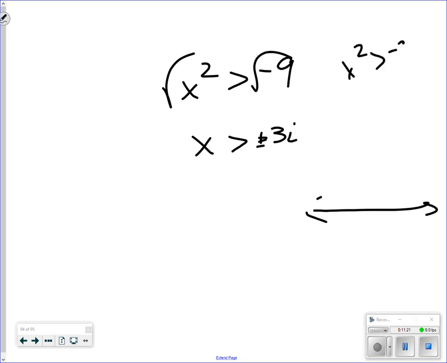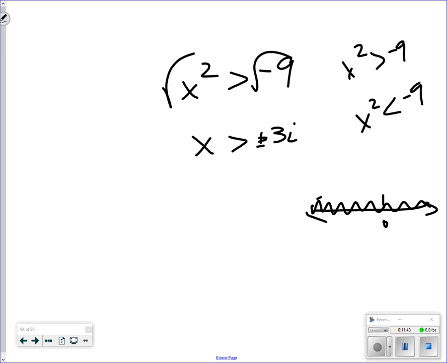Let's go back to the original question. Put 0 in. Works. So every number would work. So if you ever get an imaginary, it's an all or nothing. Because if I change this to a less than, nothing works.